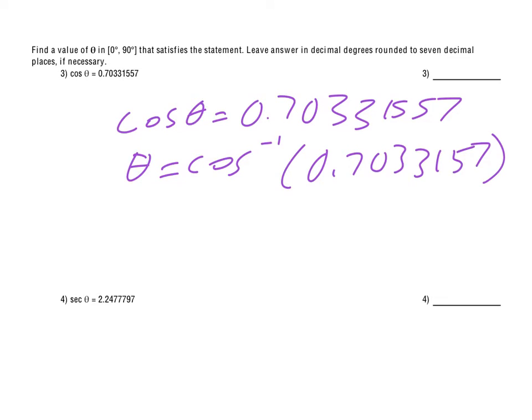And so I use the calculator with that inverse cosine of that decimal in order to find my angle theta. So theta turns out to be about 45.306367. That was an 87 at the end, so we rounded that up to 9.